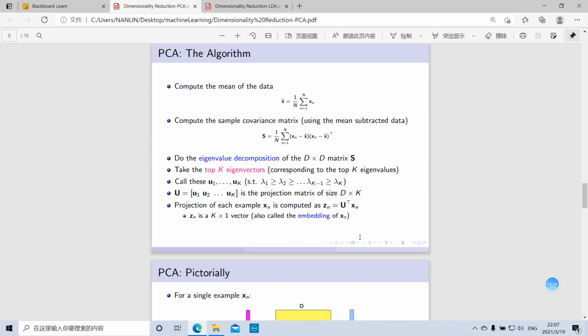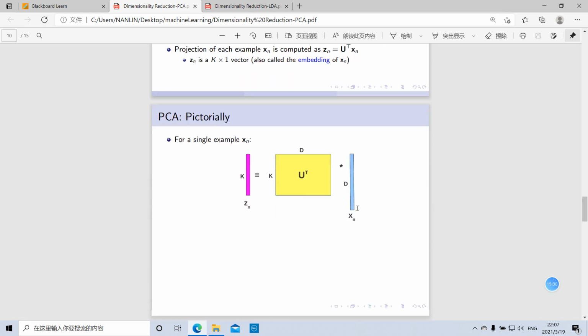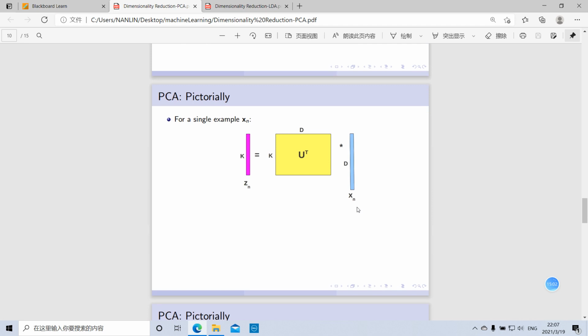So we project each sample, calculating U transpose times Xn. So Zn will become the embedding of Xn, a K vector, a vector of size K times 1. So we will see an image representation. Imagine I have only one sample.